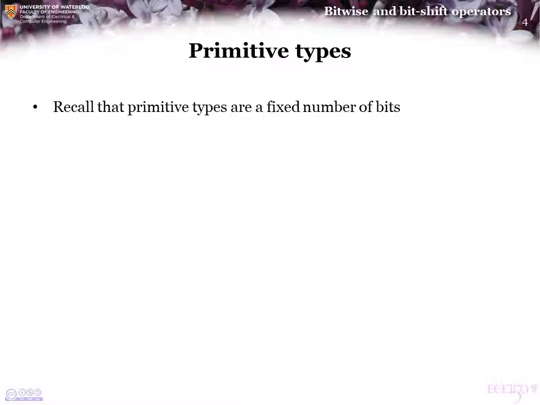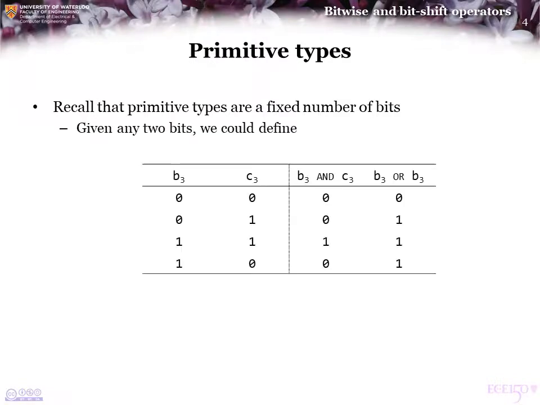Now, recall that the primitive integer data types we've been looking at have a fixed number of bits. For example, int has 32 bits. Now, given any 2 bits in 2 different integers, could we not define a bitwise AND or a bitwise OR of those 2 bit values where 0 is false and 1 is true?